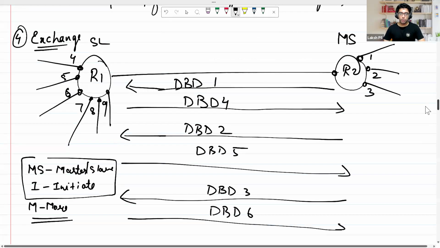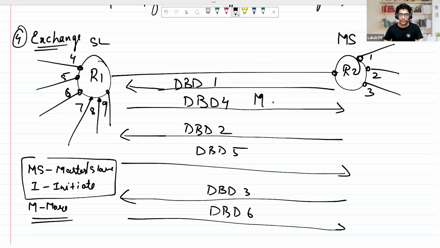How is it used? So whenever the slave responds, it sets the M bit to 1, meaning that it has more DBDs to exchange. Let me repeat it again.